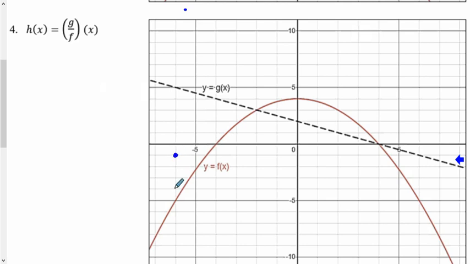I come here. +4 divided by 0. If I have a constant divided by 0, that will give me a vertical asymptote. Remember, 0 over 0 was a point of discontinuity. Some number over 0 was a vertical asymptote. So here's my vertical asymptote for this function.